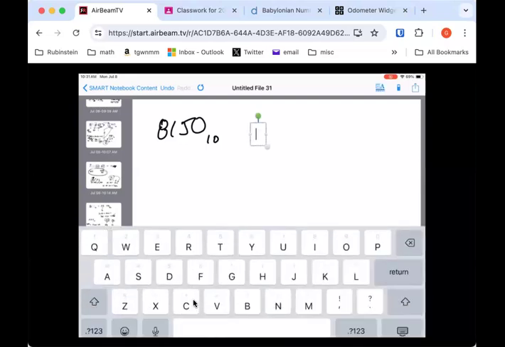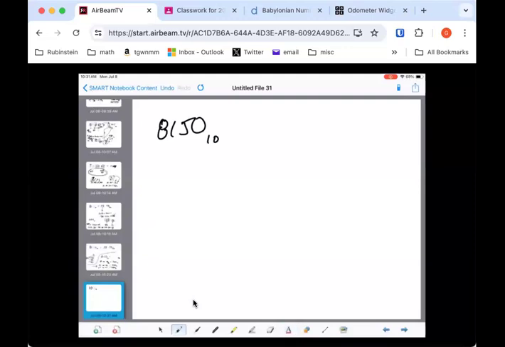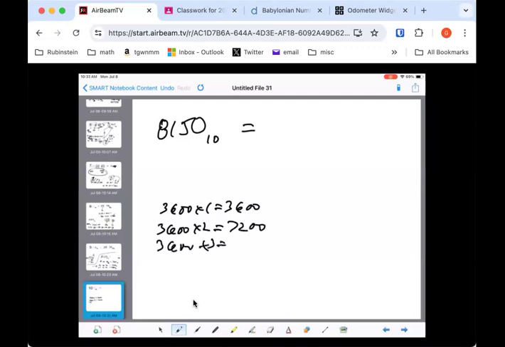Because 8,150 is between 3,600 times 1, which is 3,600, and 3,600 times 2, which is 7,200, and 3,600 times 3, which is 10,800.